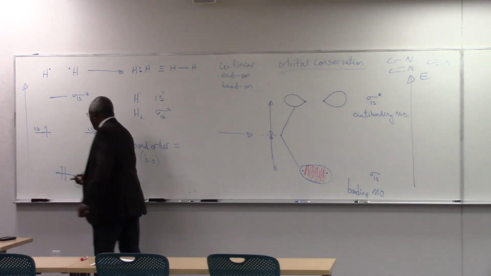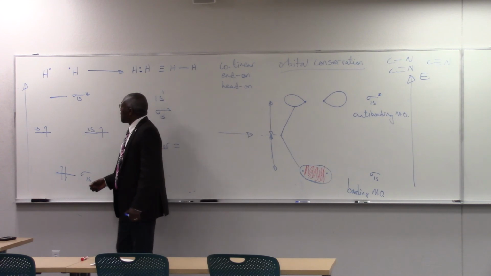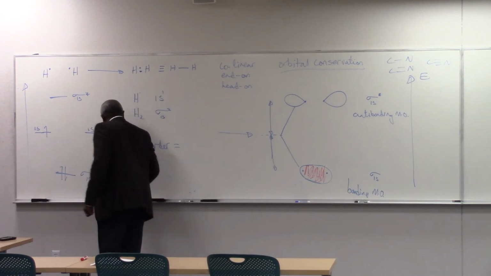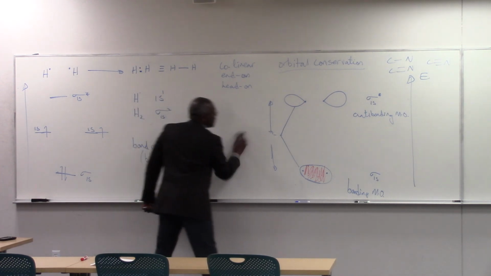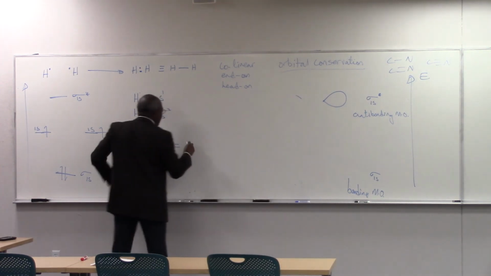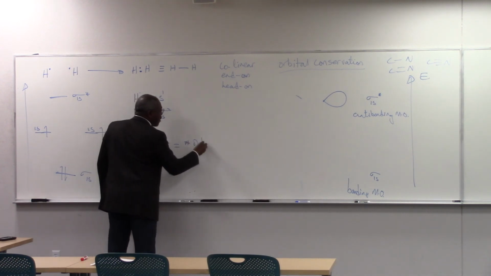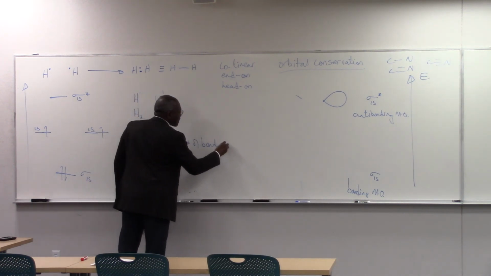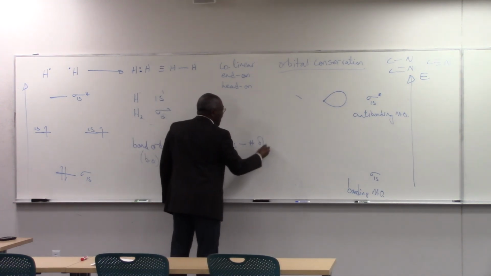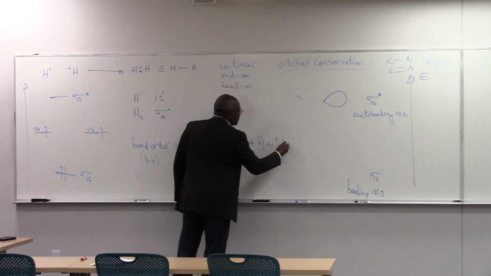And how many anti-bonding pairs of electrons? The bond order is defined as the number of bonding pairs of electrons minus the number of anti-bonding pairs.